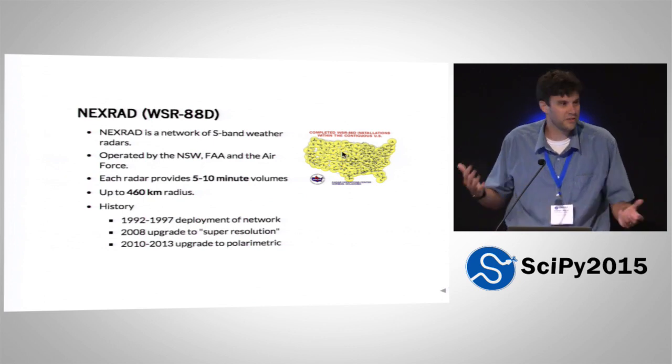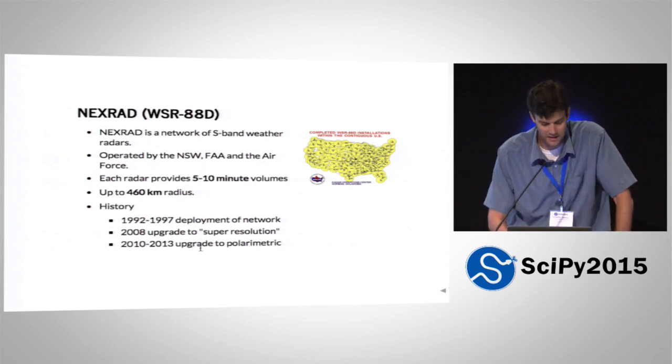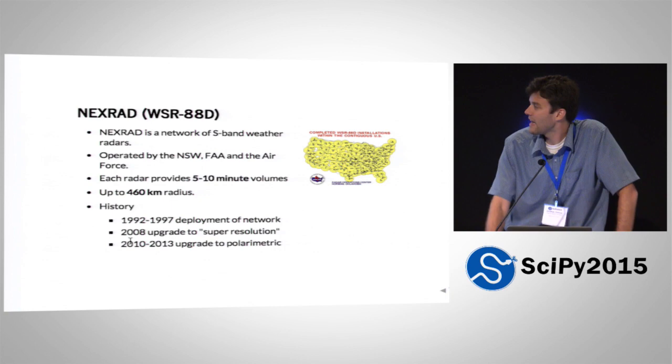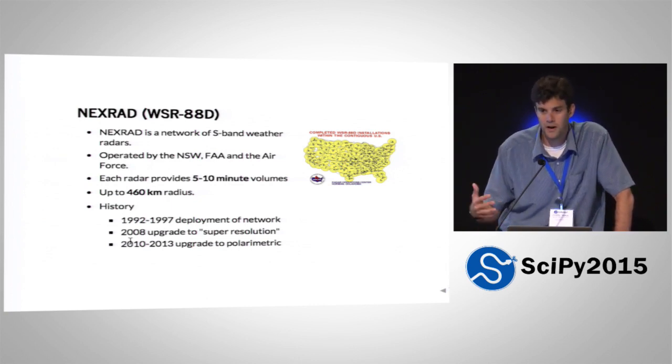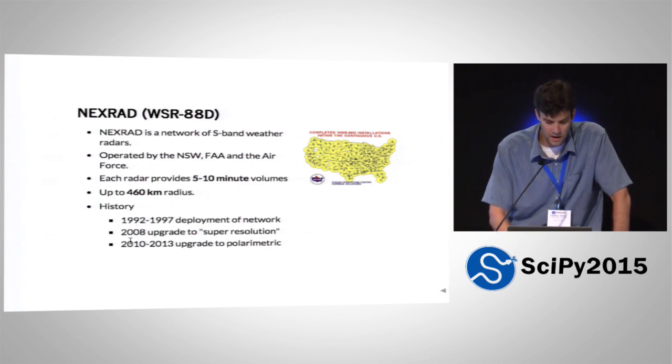One thing that is interesting, especially to weather geeks like me, is that in 2010, they started upgrading all these instruments to be polarimetric, so you now get some additional variables that can tell you more about the amount and type of precipitation that you're seeing.